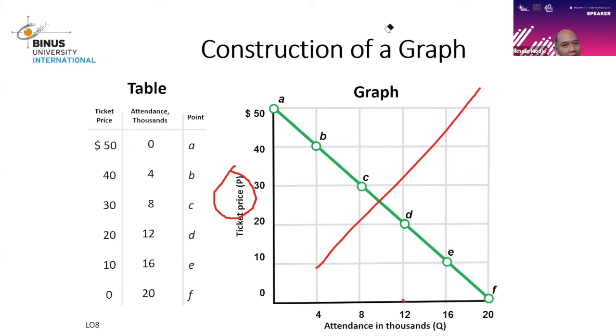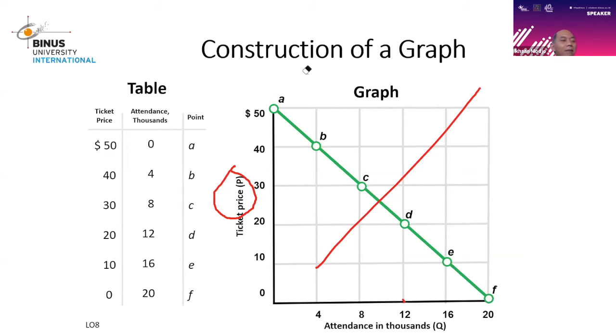Yeah, thank you, Jeremy. Then the other way around, when the number of quantity increase, it must that the ticket price or the price is going to be decreased. Yeah. So that's basically the way that I'm going to explain about the demand law.